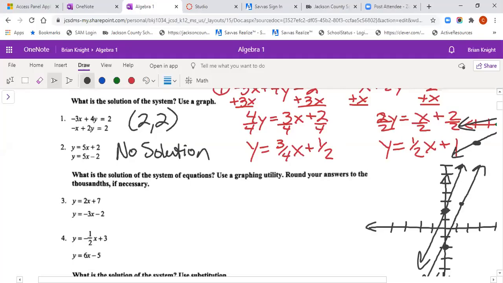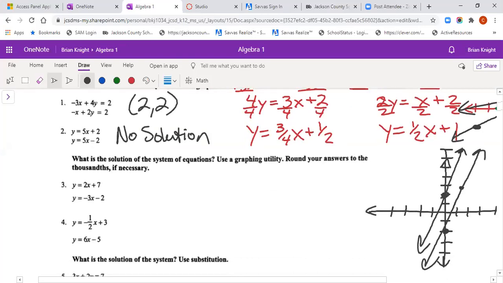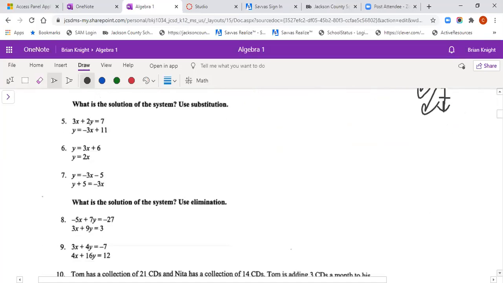All right. So starting at number 5, we get to use what? Substitution. So make sure you use substitution, okay? Any other time you're taking a test and you get a system problem, you can do it whatever way you want to. But since we're studying substitution and elimination, they want you to do it a certain way sometimes.